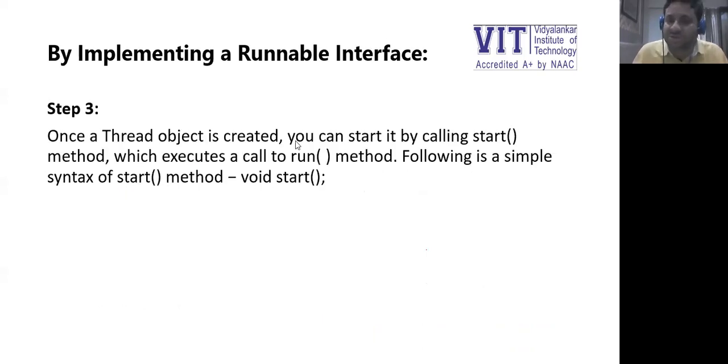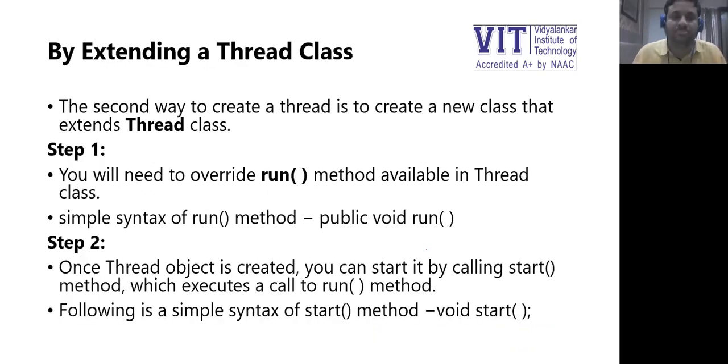Once the thread object is created, you can start it by calling the start method. We do not call the run method; the run method is automatically called once the thread enters the running state from runnable state. So how do we activate a thread? Using the start method. This is about creating a thread using the Runnable interface.